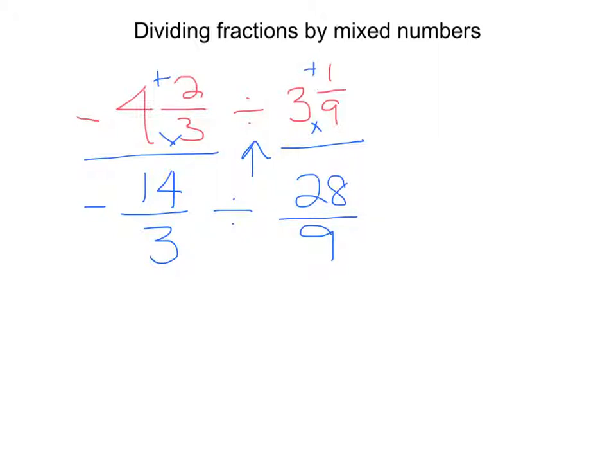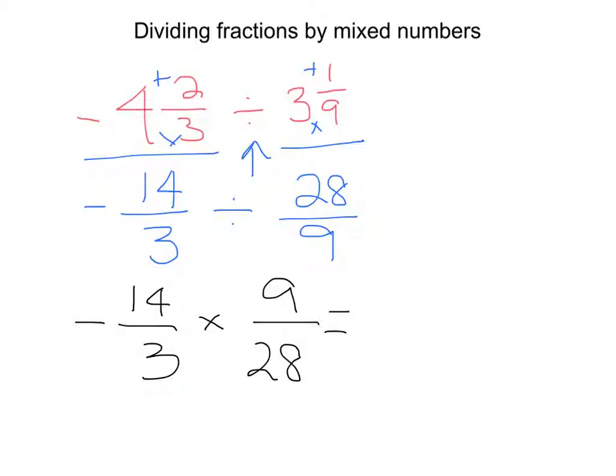Then you have to find the reciprocal of your second fraction. So we would multiply it by 9/28. So if you do this, you multiply straight across, and so you have 14 times 9, which is 126, and then you have 28 times 3, which is 84, and that is a negative.